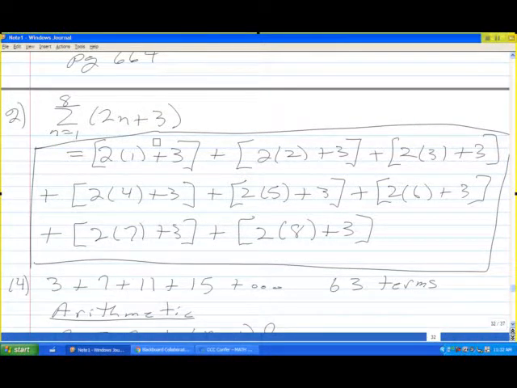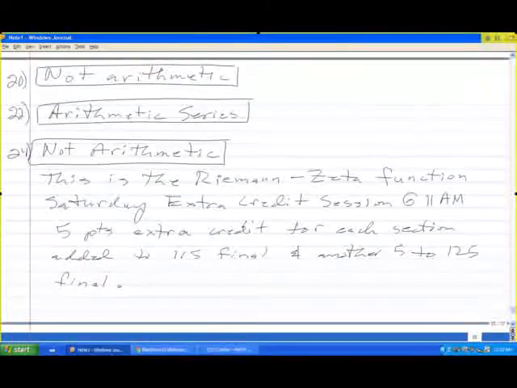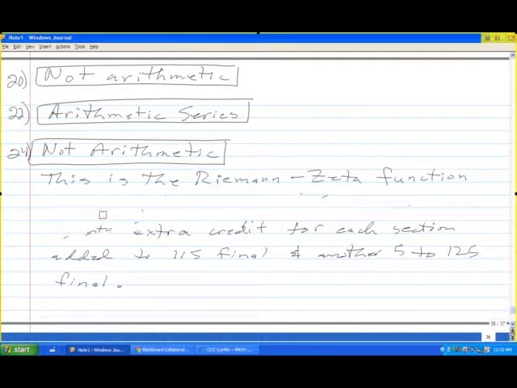And so we did some examples where we expanded the terms of a series using sigma notation, and then we looked at whether things were arithmetic or not. I think we ended last time on problem number 24. So let's start with the new stuff.